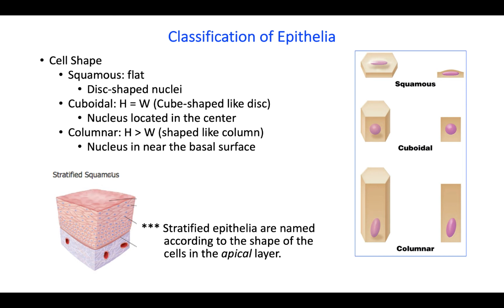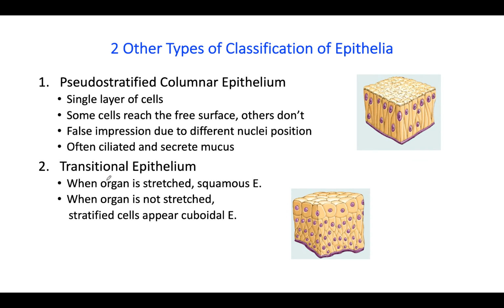Therefore, squamous. So far, we have looked at squamous, cuboidal, and columnar epithelial cells, but there are two other types of classification of epithelia. One is pseudostratified columnar epithelium.